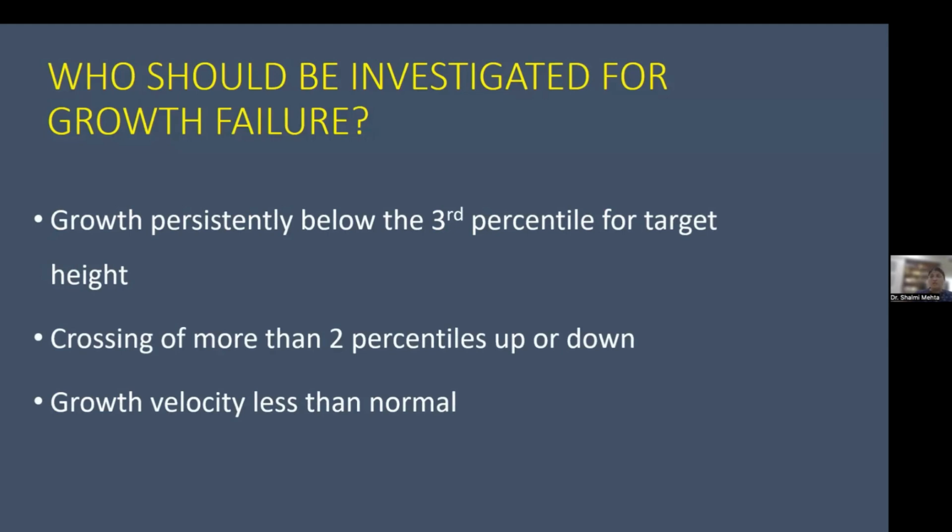But if the growth is persistently below that, or you are growing fine, but suddenly you have started faltering, so on the growth percentiles your graph is now falling below, or the growth velocity is less than normal. For a child, we talked about the growth velocity of 4 to 6 centimeter per year. If your child is growing less than that, then these are the kids whom we want to investigate to find out what is the cause for the growth failure.